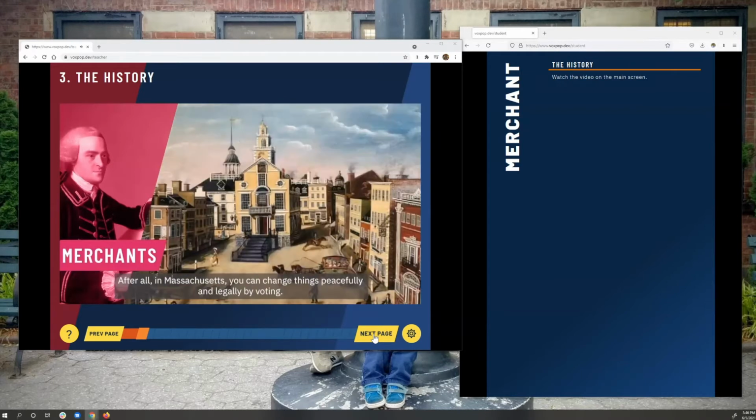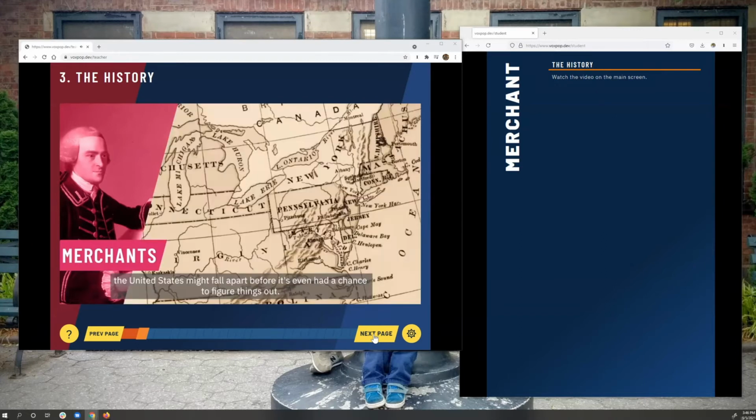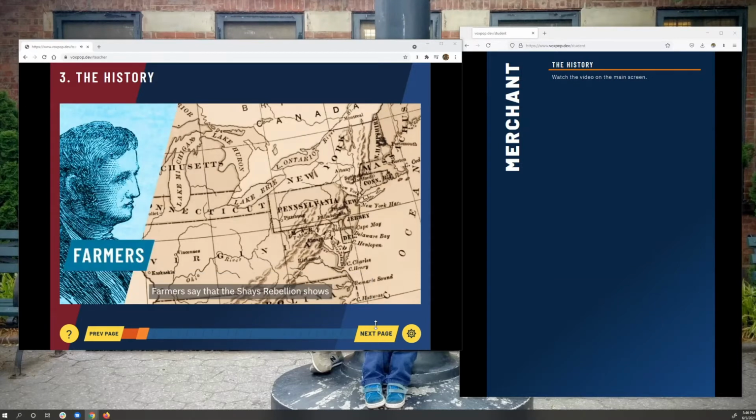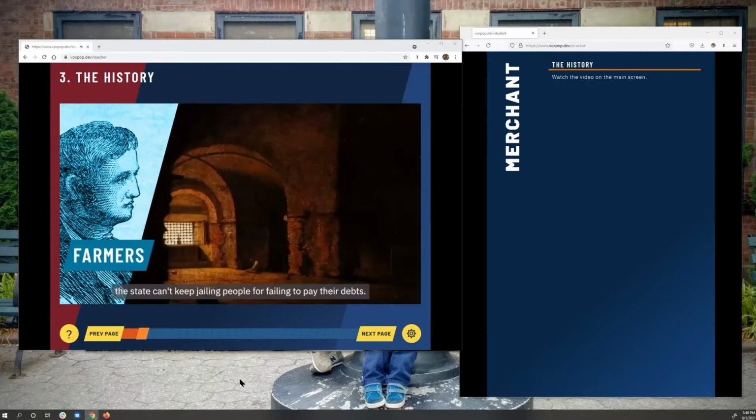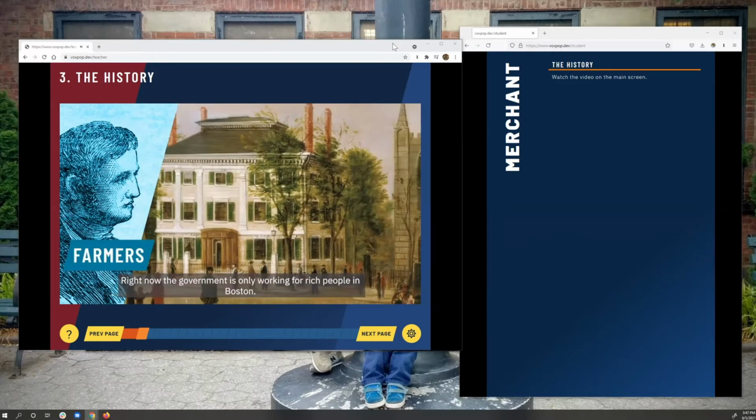After all, in Massachusetts, you can change things peacefully and legally by voting. If we don't punish rebels and set an example for the rest of the country, the United States might fall apart before it's even had a chance to figure things out. Farmers say that Shays' Rebellion shows that the state can't keep jailing people for failing to pay their debts. Right now, the government is only working for rich people in Boston. We need a government that works for everyone.